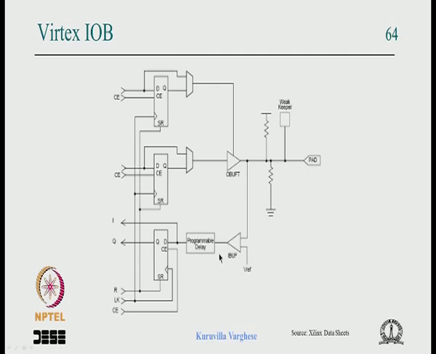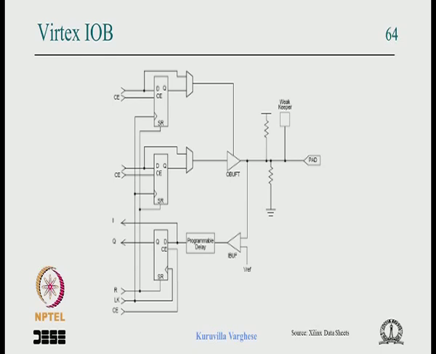Now there is a programmable delay, which you can add as input delay to make the hold time 0, because meeting the hold time is quite a tough thing, and we have seen that for the hold time violation not to happen, TCQ plus TCOM min should be greater than the hold time.